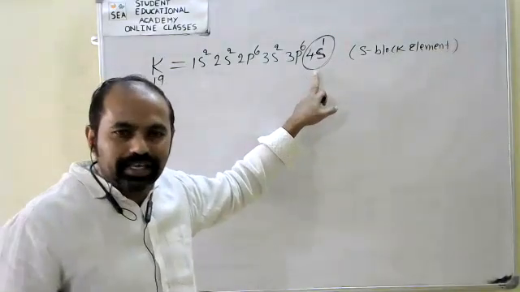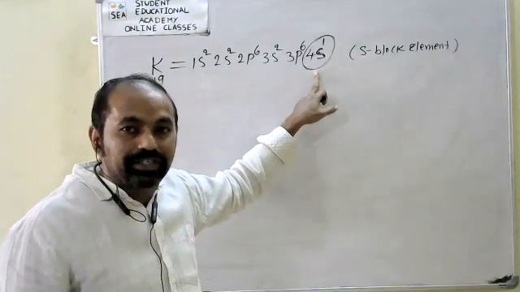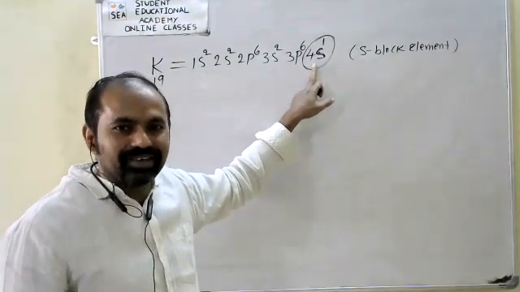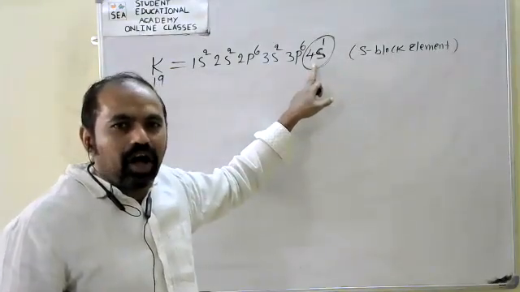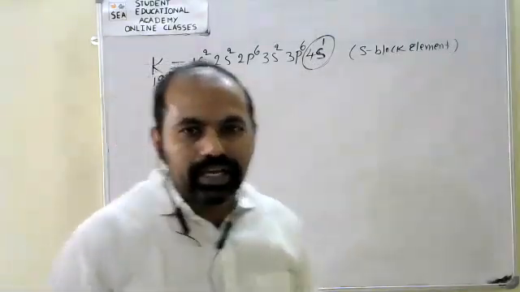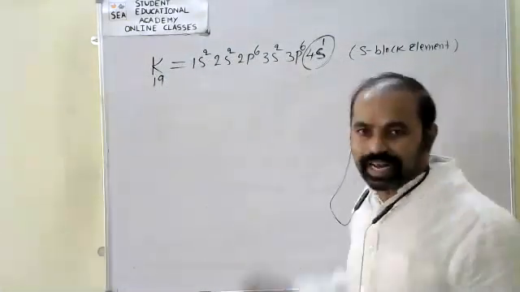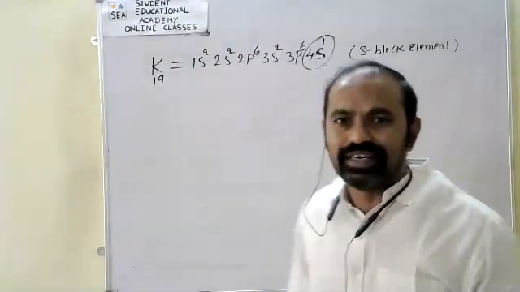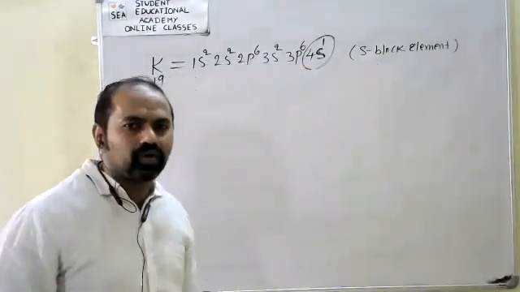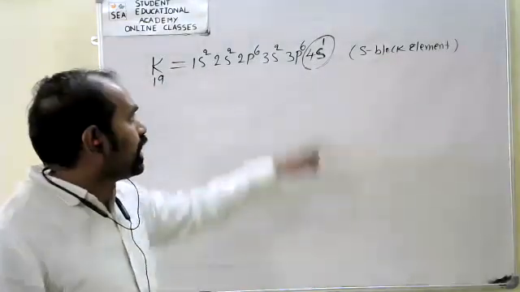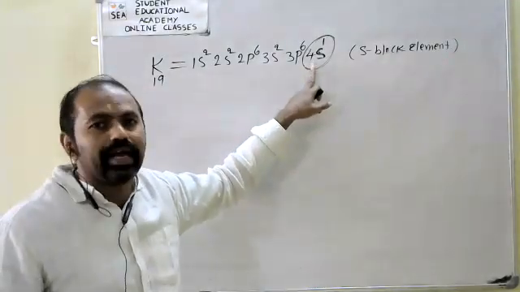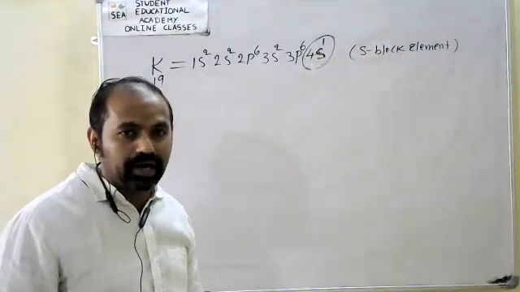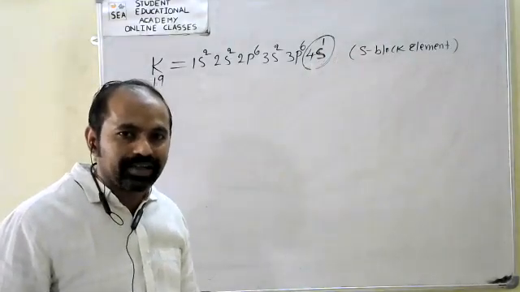This electron is called the differentiating electron, the last electron. Here the last electron entered into the S subshell, so the element belongs to the S block.